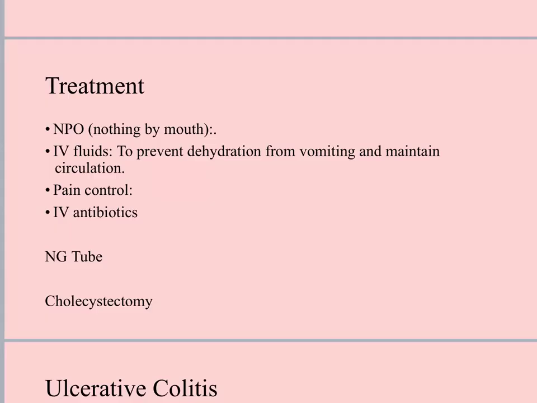Just something to consider. If this doesn't get treated, then it can become gangrenous. It can perforate, where the bile and the pus would leak out into the abdominal cavity. That would be really bad, and somebody could be septic from this.